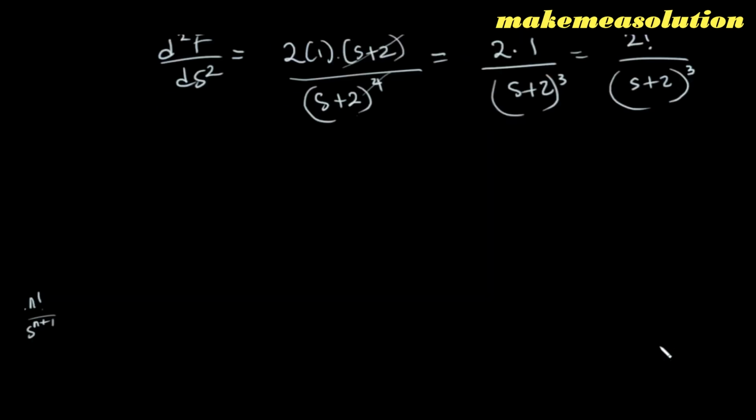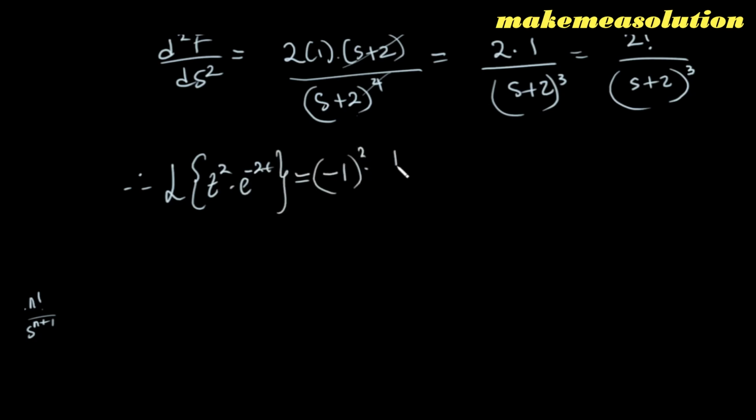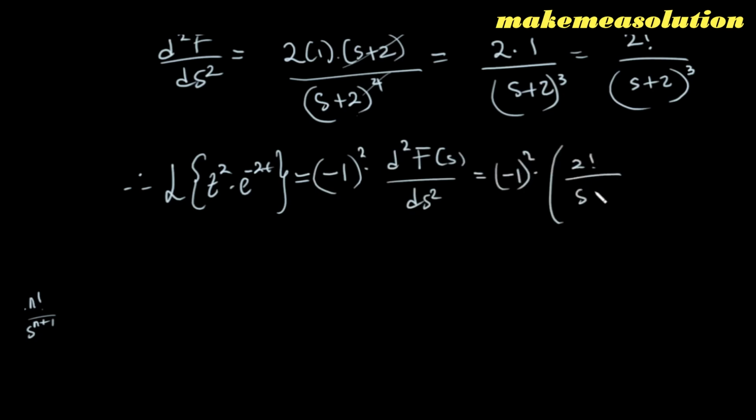Okay, so I can now summarize by saying the Laplace transform of t squared exponential minus 2t gives me minus 1 raised to the power of 2 times d squared F of s by ds squared, which is minus 1 raised to the power of 2 multiplied by 2 factorial over s plus 2 cubed.